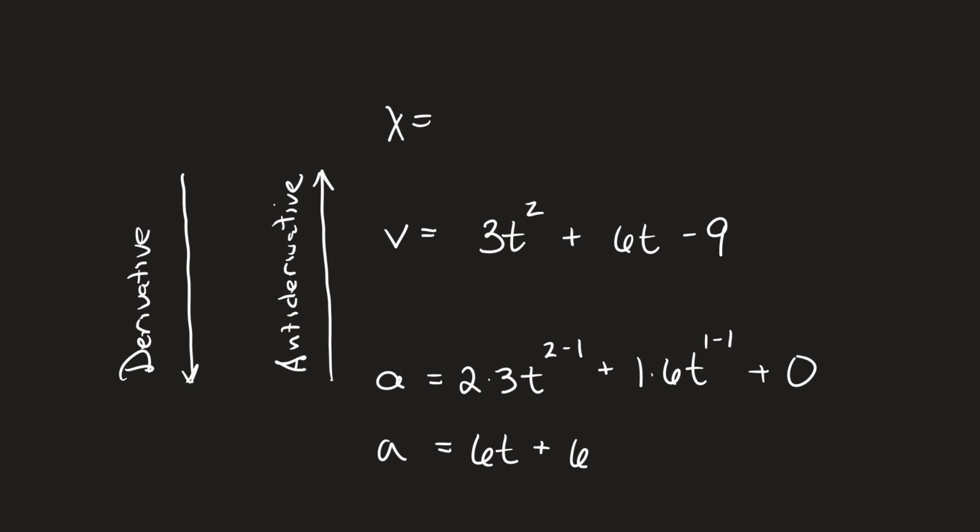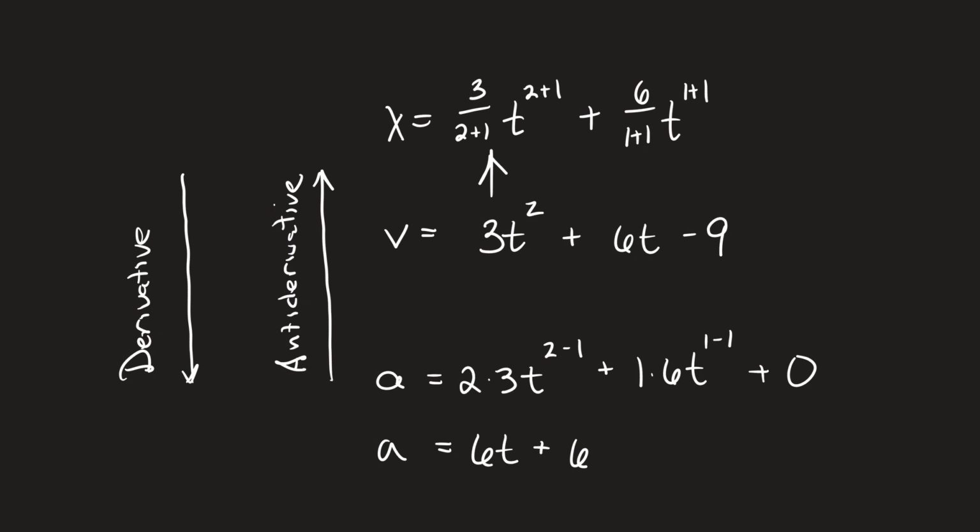All right. Let's go the other direction. All right. Add 1 to the exponent, and now divide by my new exponent. All right, did it. All right, go to the next term. Add 1 to my exponent, and divide by my new exponent.